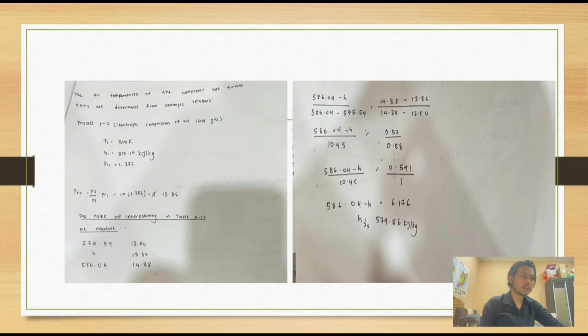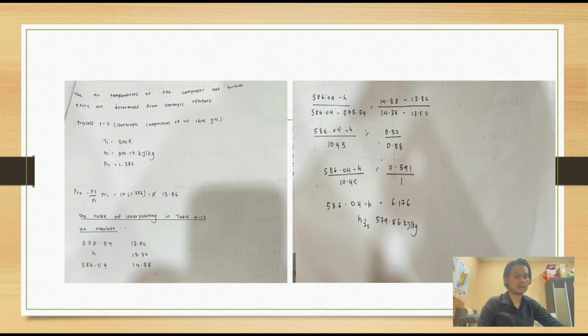So here is the calculation of how to solve question 1. Before we begin, some information is not given, so I must assume the temperature T1 at the compressor, because for the turbine the temperature given is 1000 K. The compressor has no temperature given, so I assume the compressor is 300 K, and I assume the pressure ratio of the air is 10.